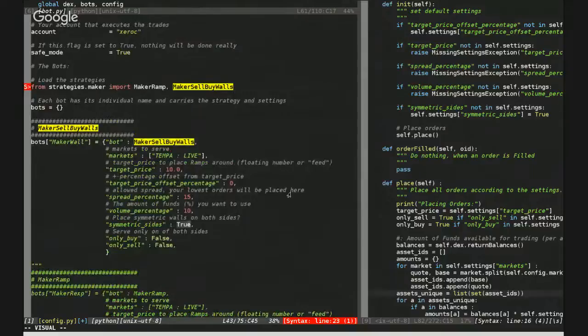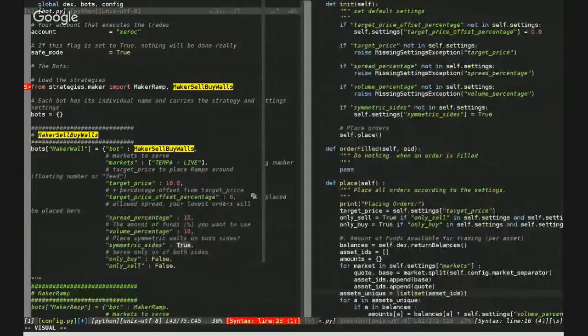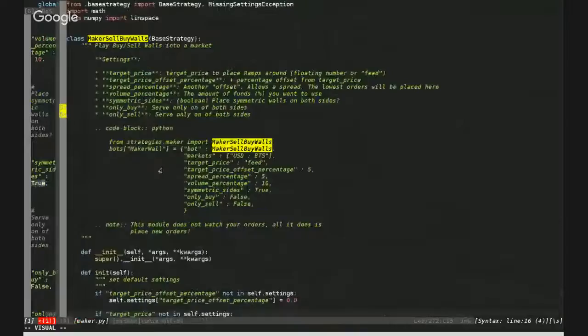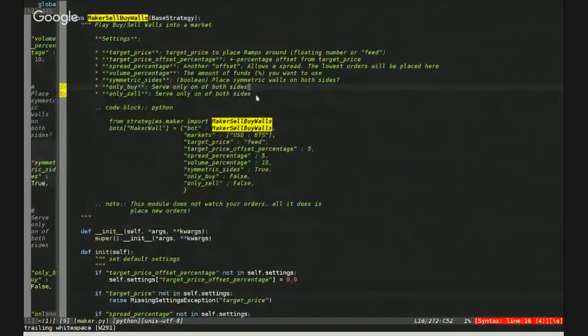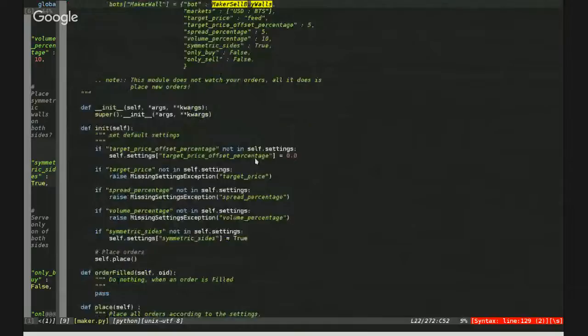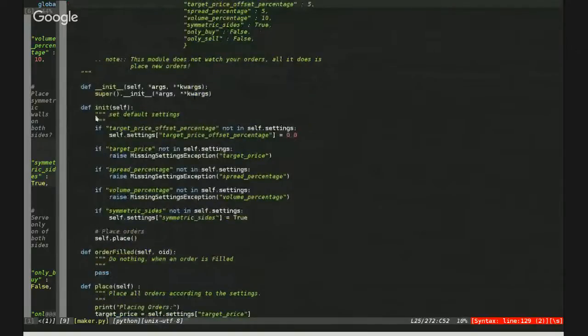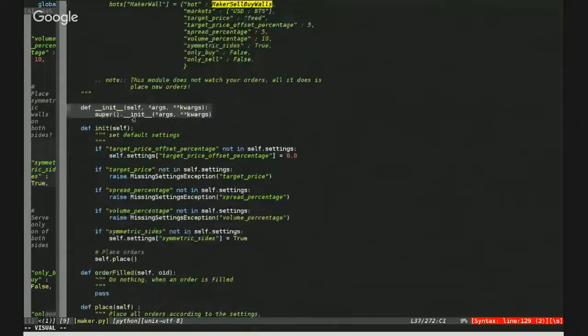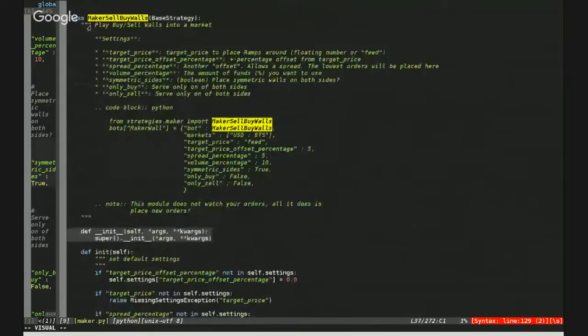So let's take a look at this market sell buy wall strategy. It's actually not too difficult. That's just some comments again, same stuff, same variables. And then there's this Python internal init function that is called whenever you make an instance of this maker sell buy wall, which is, by the way, an extension of the base strategy.